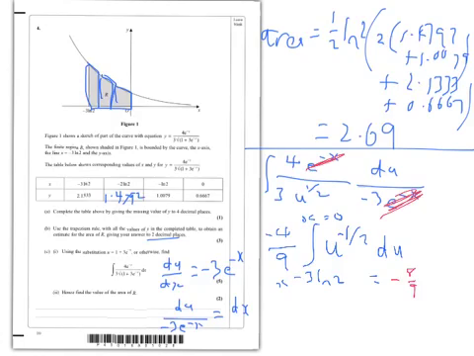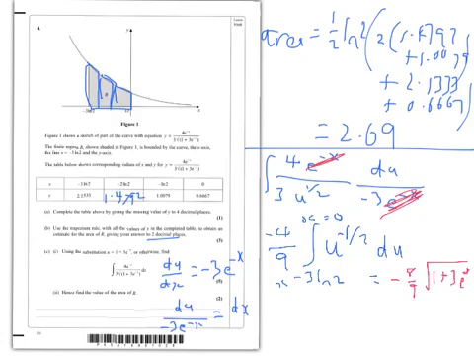and u, remember, was that thing there, so it's minus 8 ninths times the square root of 1 plus 3e to the minus x. And now we need to substitute in the values for x, which are minus 3 log 2 and 0.